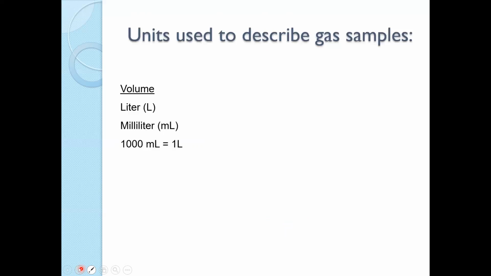Units used to describe a gas sample. Volume: the unit of volume is liter or milliliter, and 1 liter equals 1000 milliliters if we want to convert between the units. For the temperature, Kelvin only.